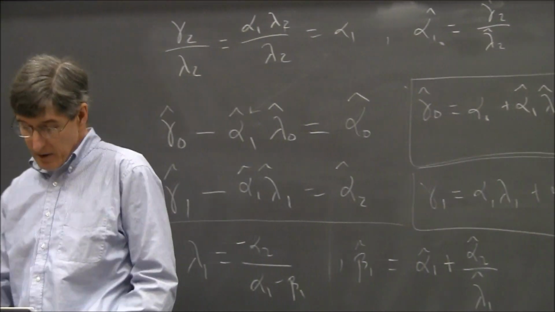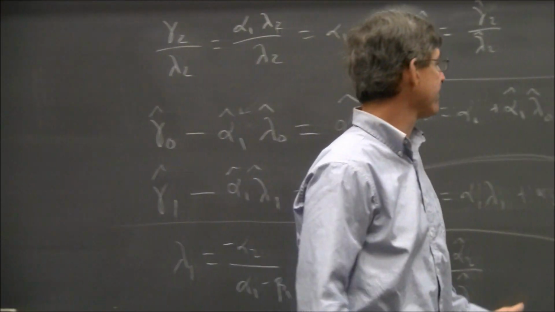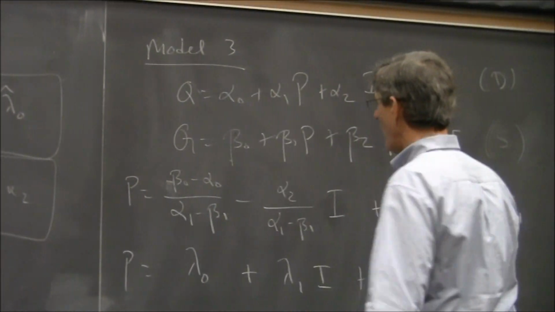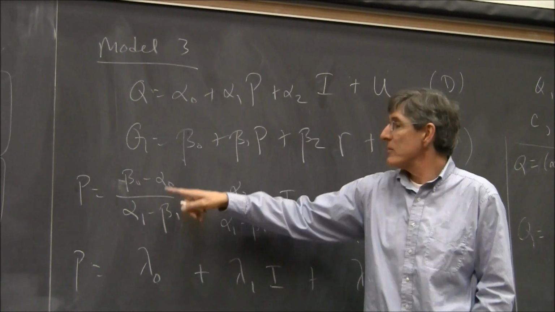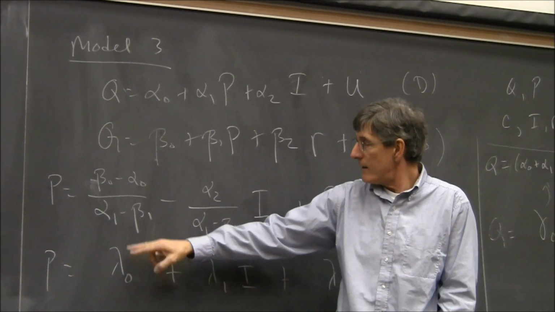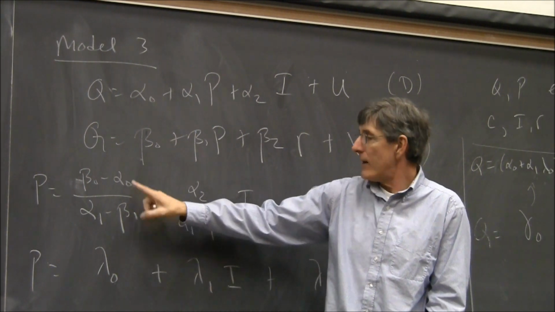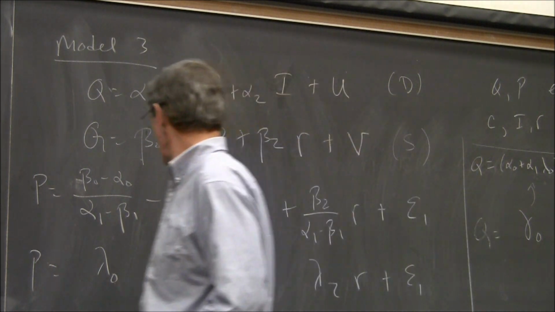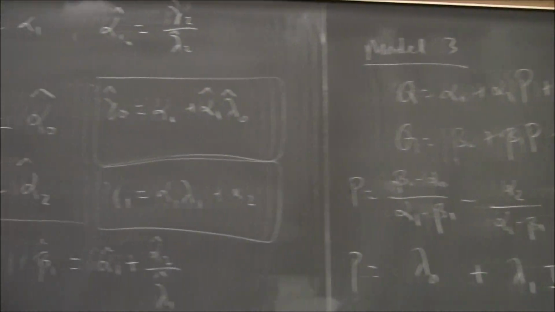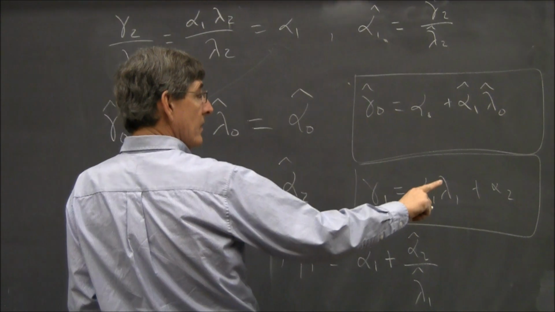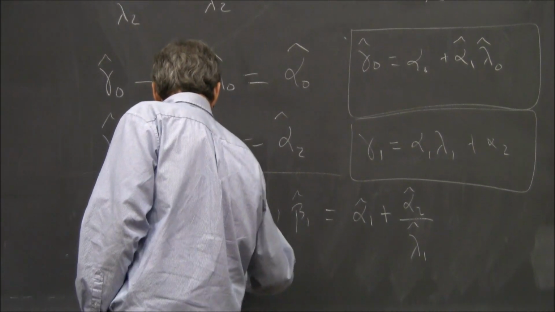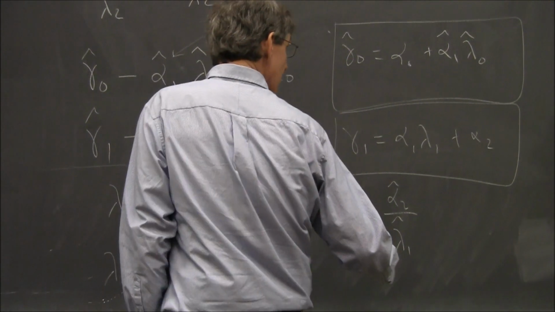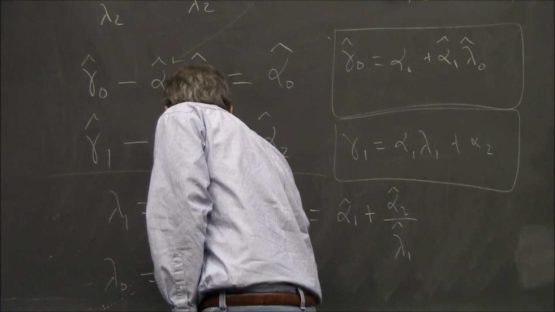Then, similarly, now that we know beta 1, good. Here, that equals that. So this equals this. Well, I know that, I know that, I know that, so I can get that. So now you use that lambda 0 equals beta 0 minus alpha 0 over alpha 1 minus beta 1.